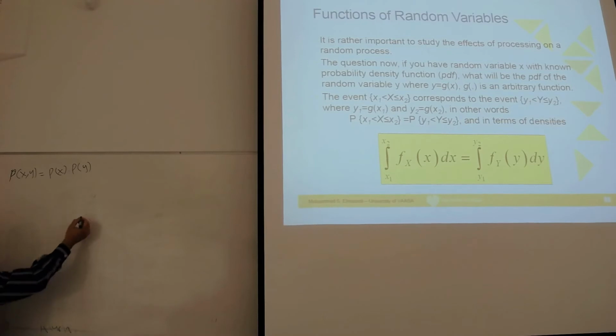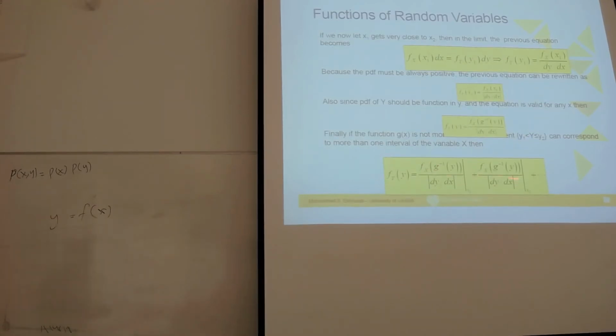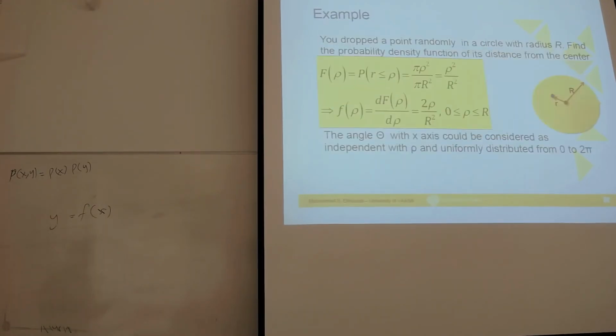When we have a random variable, we explained random variables last lecture, for example X, then we have some function of X, any function of X, equal to Y. Since X is a random variable, Y will also be a random variable. If we know the distribution of X, we can easily find the distribution of Y. This is what is called functions of random variables, and it is given by this formula.